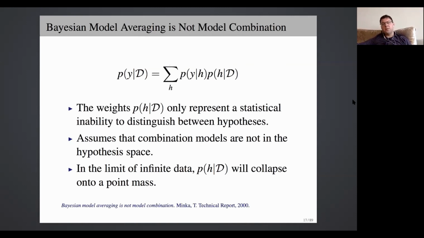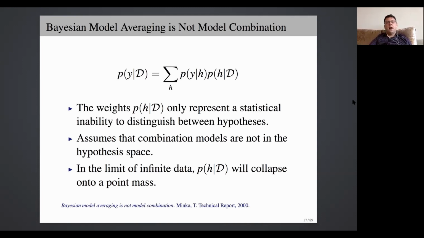There's an important distinction between Bayesian model averaging and some types of model combination or ensembling. The fundamental assumption in a Bayesian model average is that a single setting of parameters, corresponding to a single hypothesis, is the correct setting of parameters.